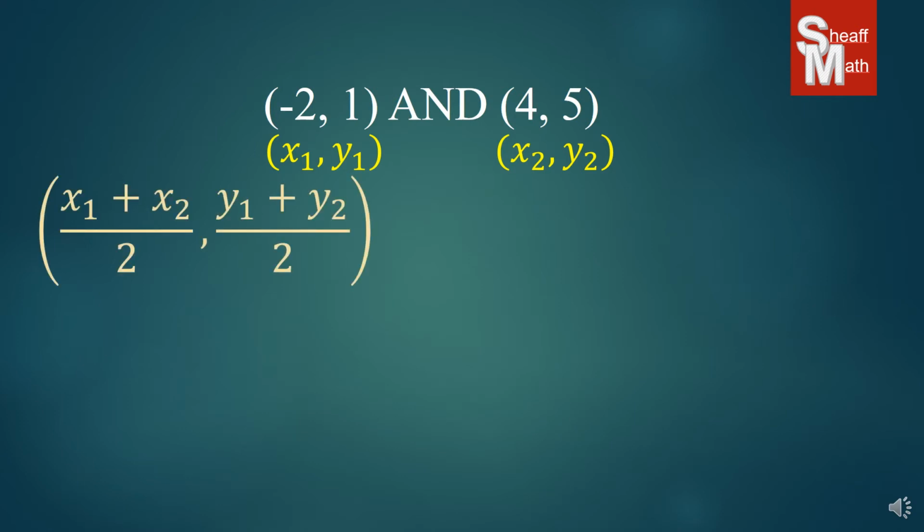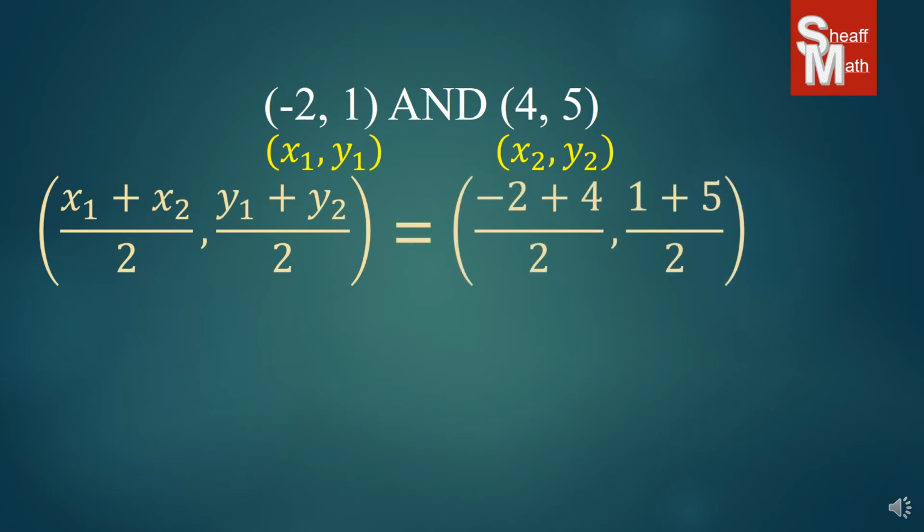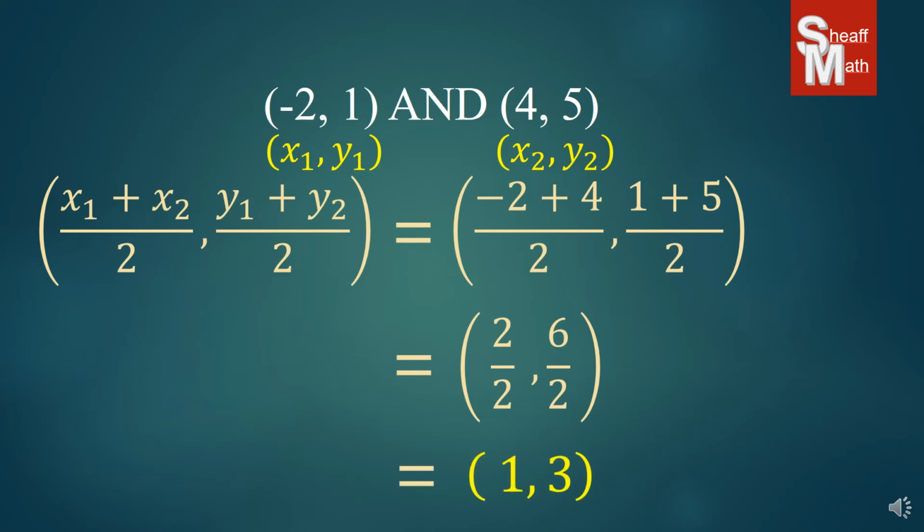Using our formula, we first add the x's together, then add the y's together, and divide them by 2. So -2 plus 4 and 1 plus 5. That comes out to 2 over 2 and 6 over 2, and you'll want to simplify those, and we get (1, 3). The point (1, 3) is the midpoint between those 2 points, as we saw earlier on the graph.